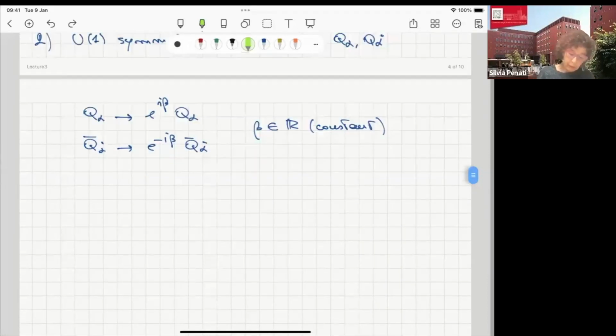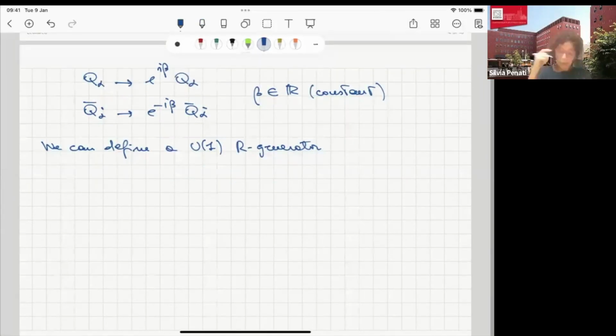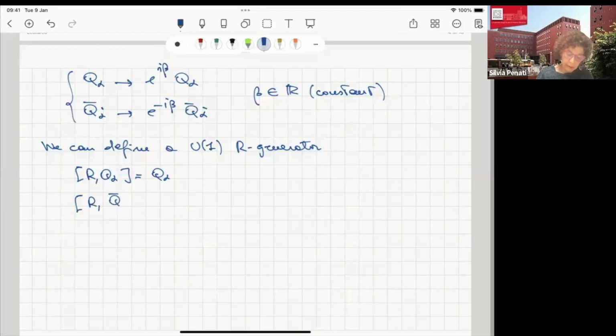Therefore, we can define a U(1)_R generator, which acts this way. With respect to this generator, you see the transformation that I wrote here. Q alpha has charge 1 and Q bar has charge -1. So we can write that [R, Q alpha] will be equal to -Q alpha, and [R, Q bar alpha dot] will be equal to Q bar alpha dot.